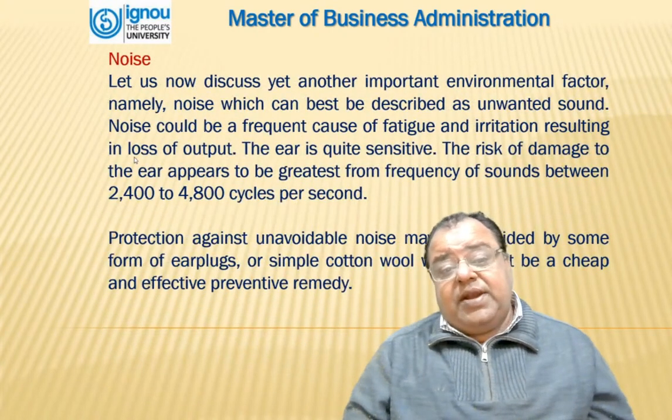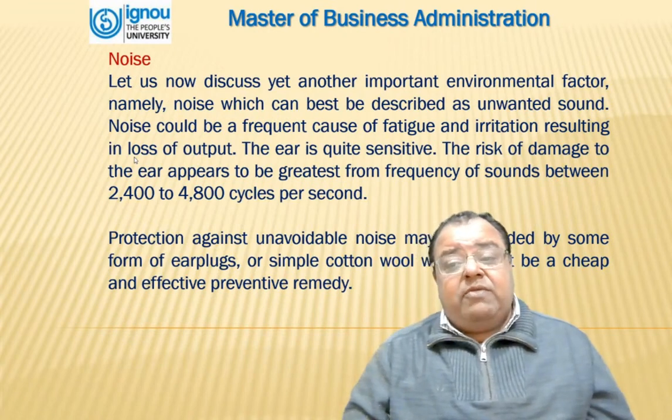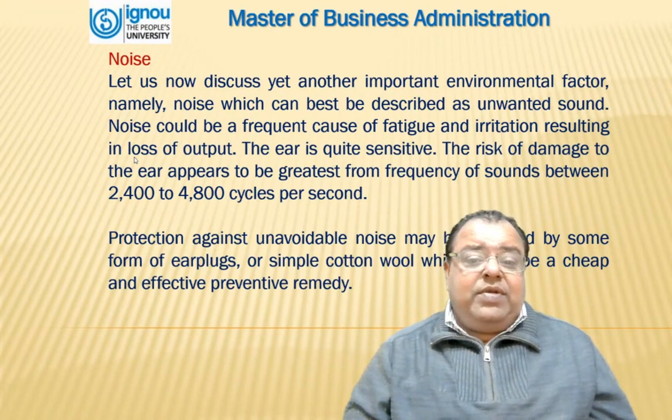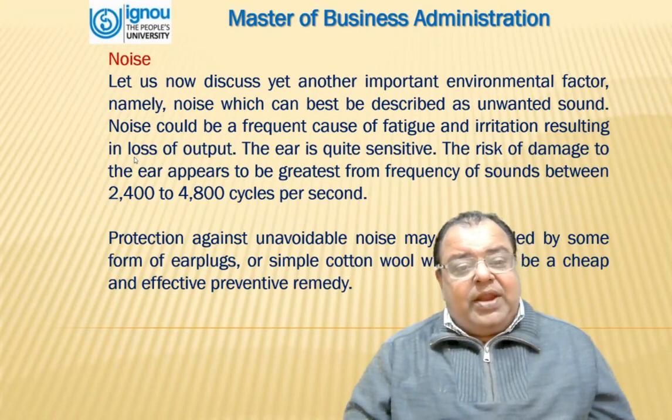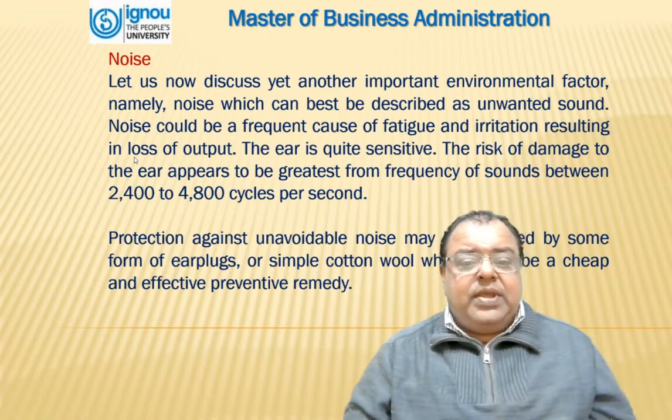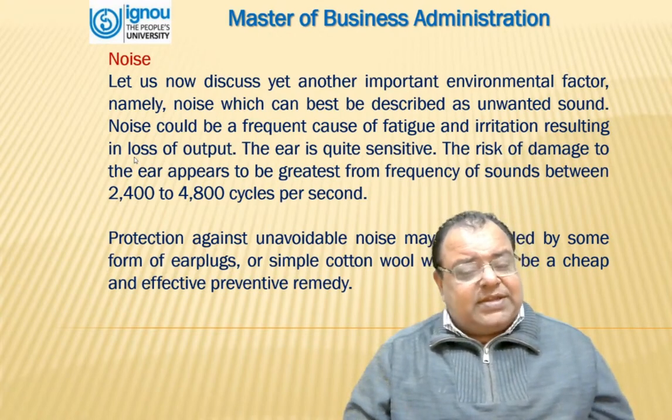Noise. Now let us discuss yet another important environmental factor, namely noise, which can best be described as unwanted sound. Noise could be a frequent cause of fatigue and irritation resulting in loss of output. The ear is quite sensitive.